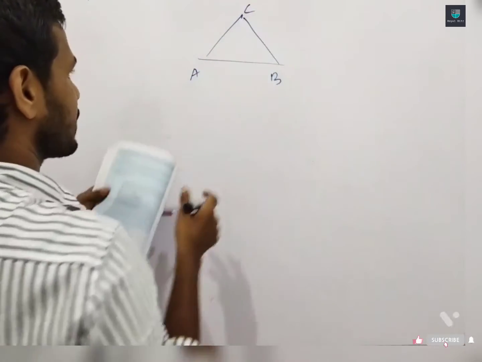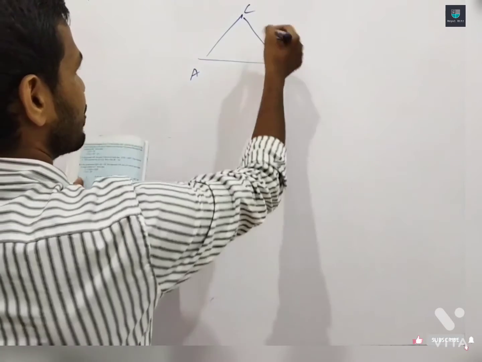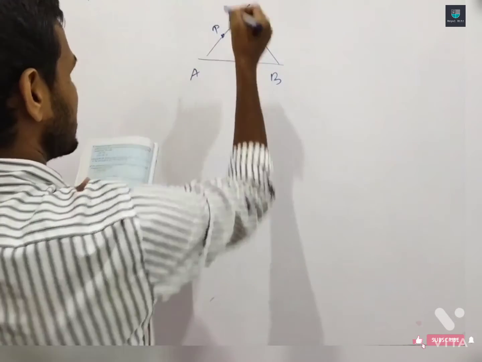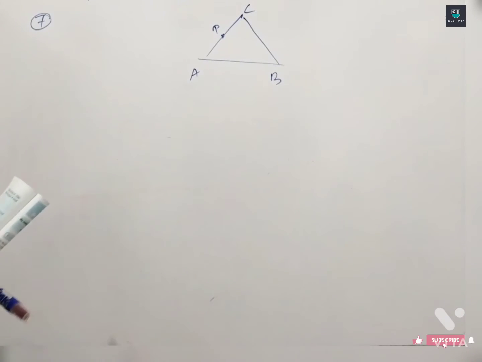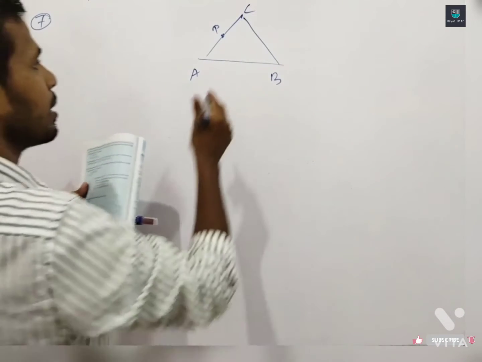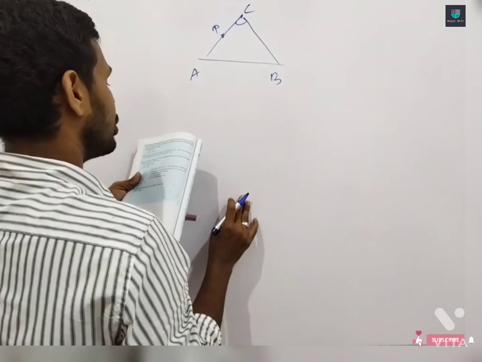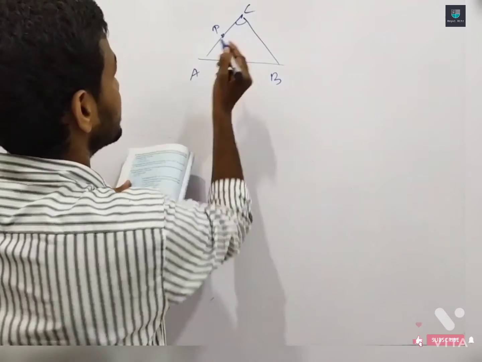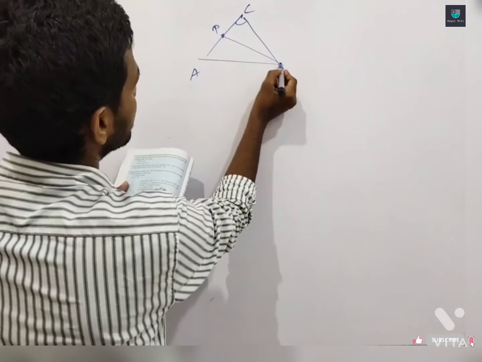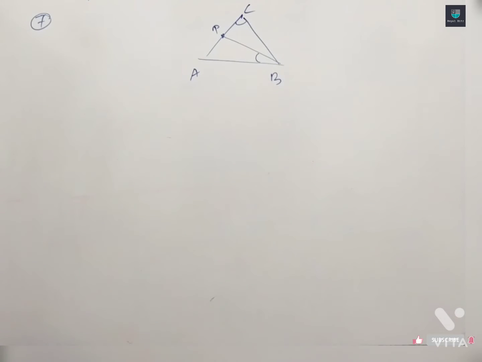ABC, and the P lies on AC, there is P somewhere here, such that angle ACB is equal to angle ABP.